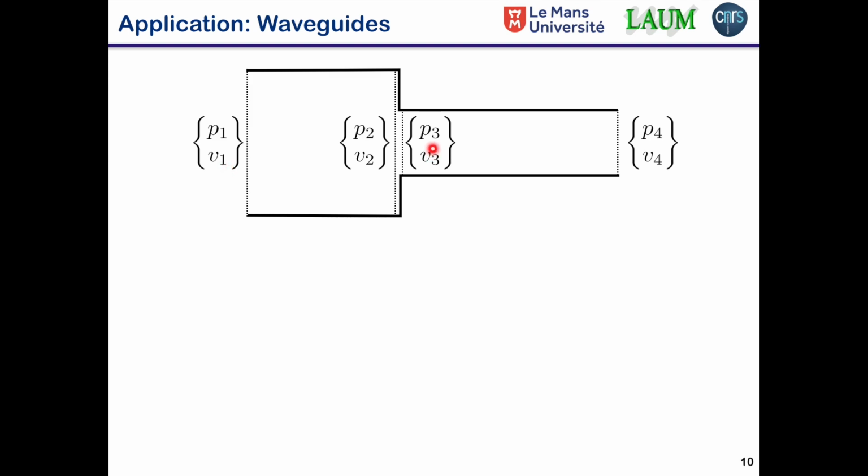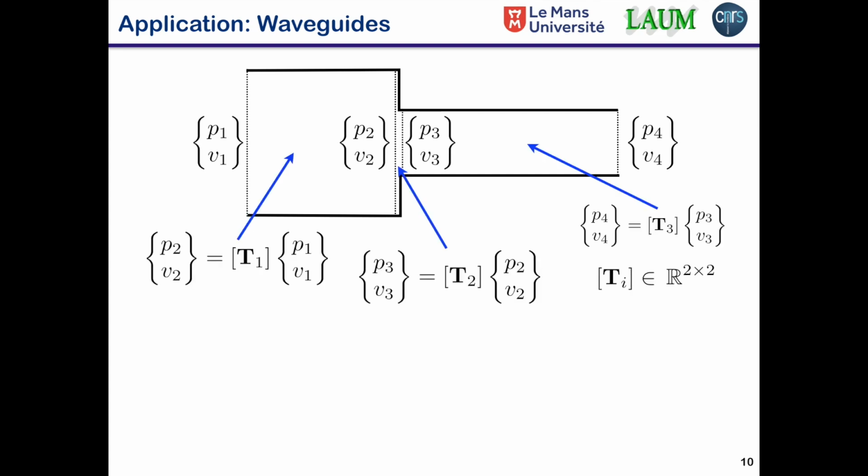And the same for the junction linking P3 V3 to P2 V2, and after that linking P4 V4 to P3 V3 in the second duct. So we can introduce these three transfer matrices, T1 for the first duct, T2 for the junction, and T3 for the second duct. And all these matrices have two inputs and two outputs, so they are 2 by 2 matrices.